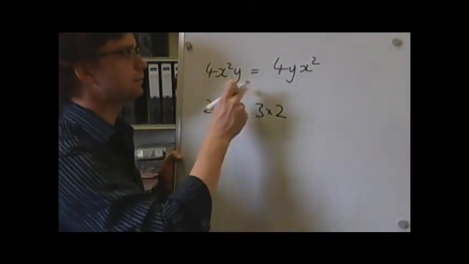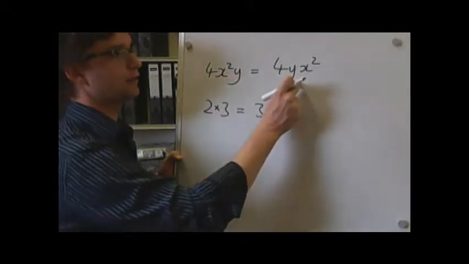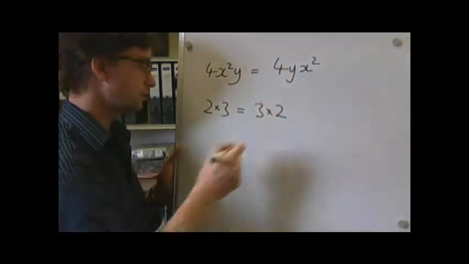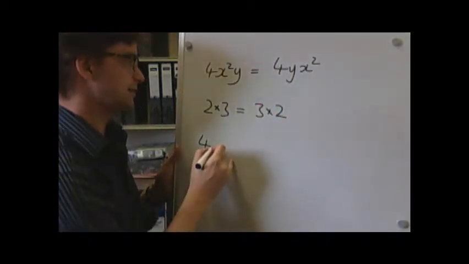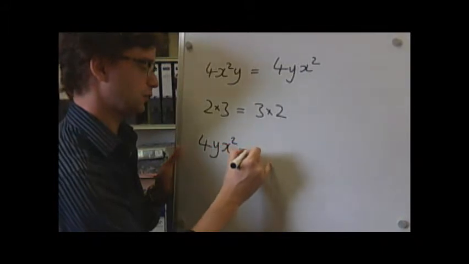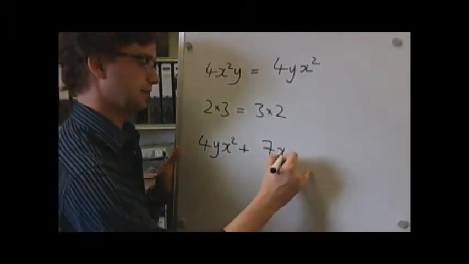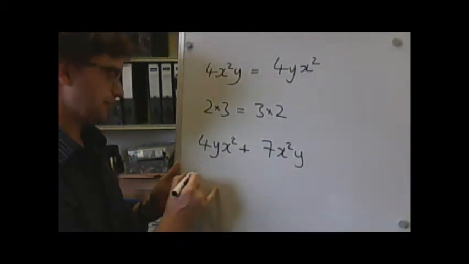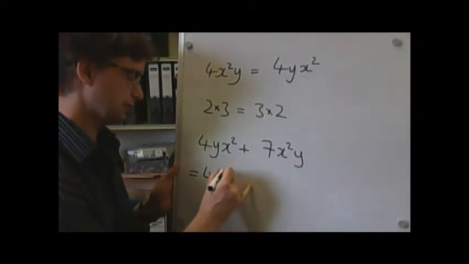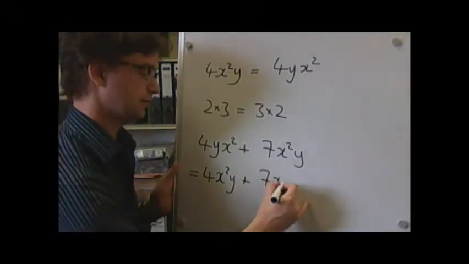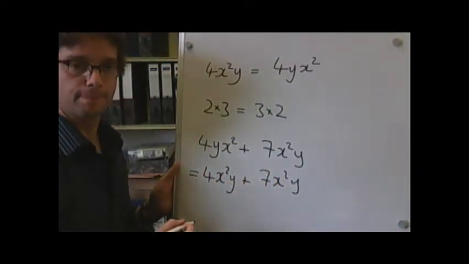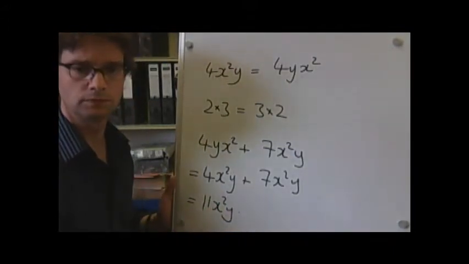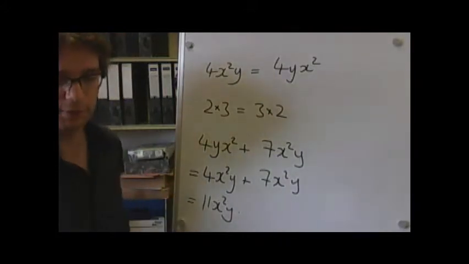So the fact that I've got the x squared and the y the other way around here doesn't matter, they're the same thing. So if we had 4yx squared plus 7x squared y, that's equal to 4x squared y plus 7x squared y, and that's just 11x squared y. It's one simplification, an easy trick.